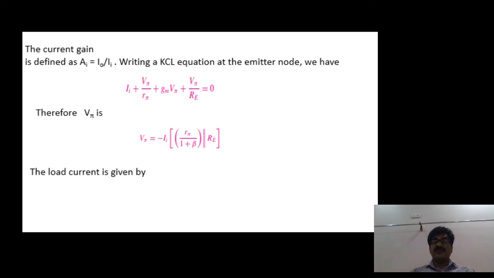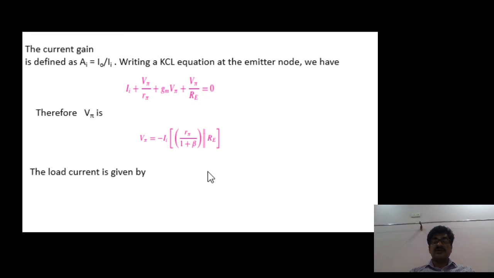But now I represent the current in the form of Ii, because we have to derive the current gain I naught by Ii. So finally V pi equal to minus Ii into the parallel network, that is R pi divided by 1 plus beta, parallel to Re.